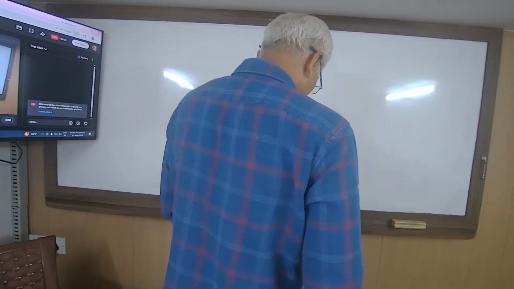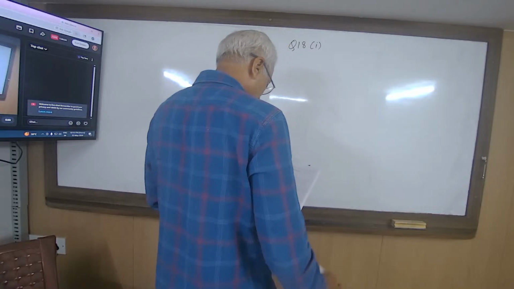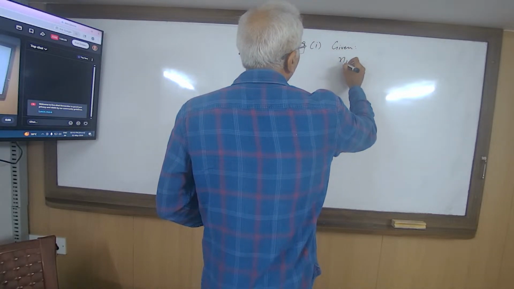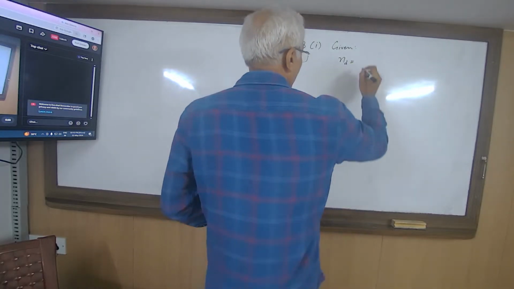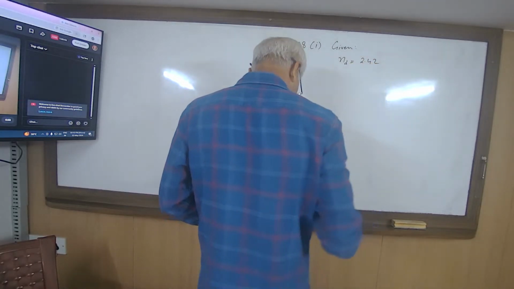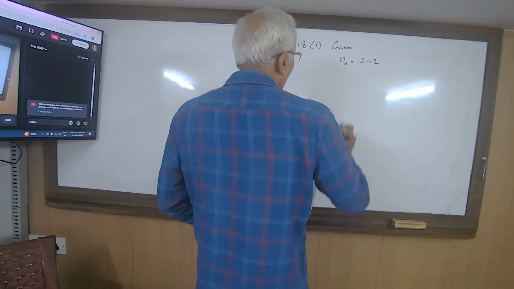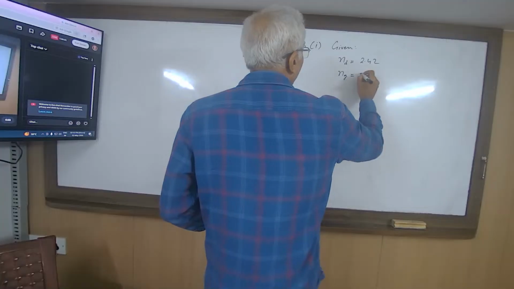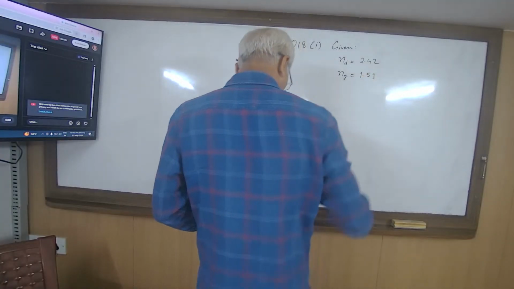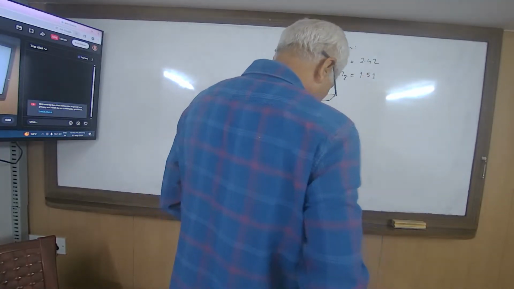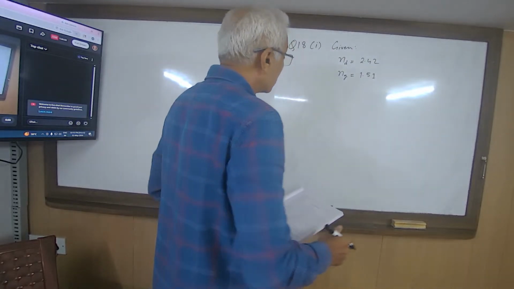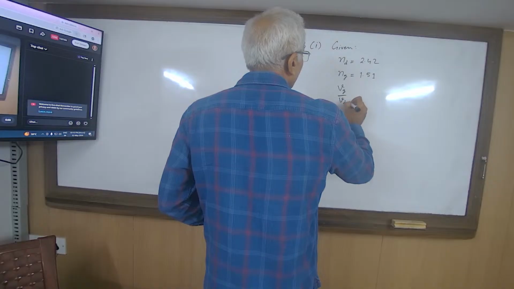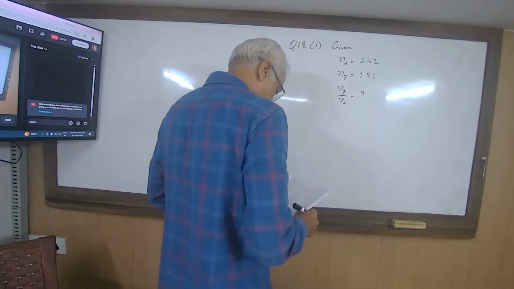You have to find out the refractive index of diamond. The absolute refractive index of diamond is given to you, and the glass refractive index given is 1.51. Compare the velocities of light in glass and diamond. So you have to find Vg upon Vd equal to what?